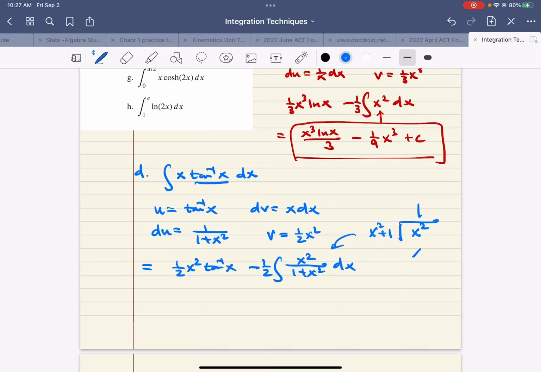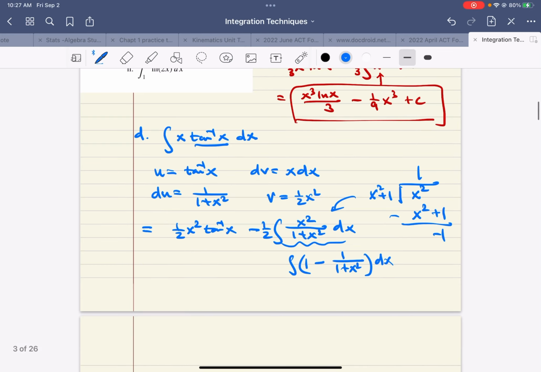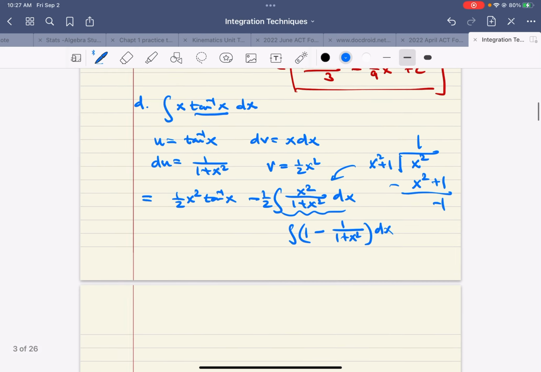So 1, and when you subtract, you get negative 1. So only that portion here will change to 1 minus 1 over 1 plus x squared dx. Okay, that's how you're gonna change it.